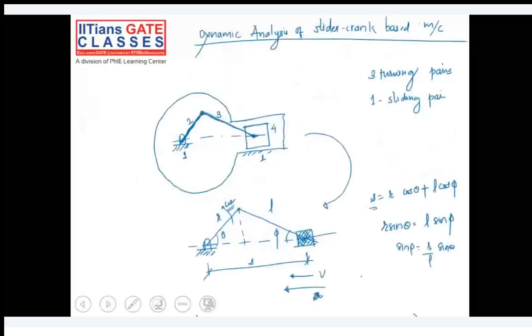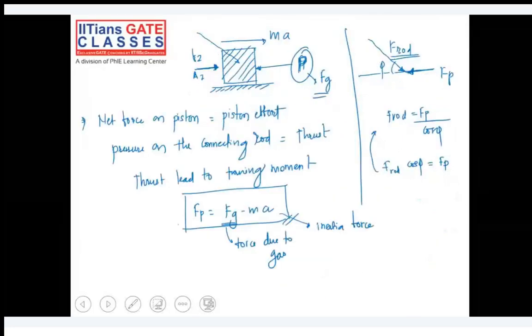But if it is making some angle, the force which is taken by the connecting rod is different compared to what the piston is getting. Okay, so that is what we can understand from this. Is it clear till this? Any doubt? Can I proceed to the next slide?